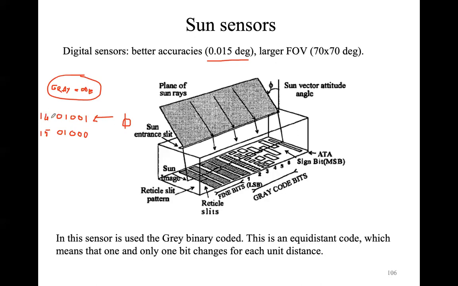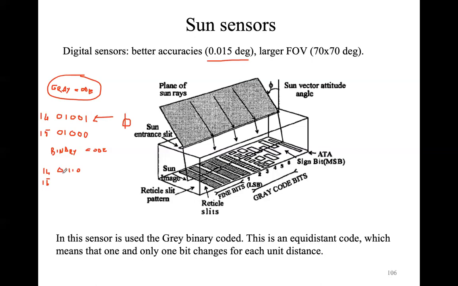For the same variation in the decimals of phi, if you do the same in the binary code, a change from 14 to 15 means that 14 in binary is expressed as 0, 1, 1, 1, 0.